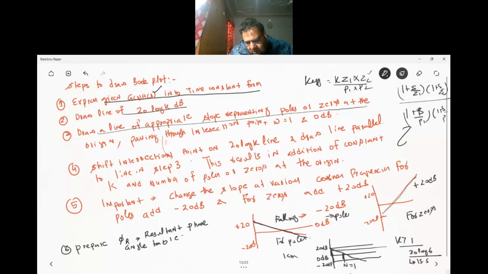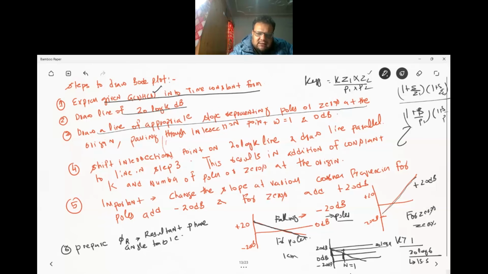The falling slope is due to the poles and the rising slope is due to the zeros. Then shift this intersection point onto the 20 log K line. This results in the addition of the constant K and the number of poles or zeros at the origin.